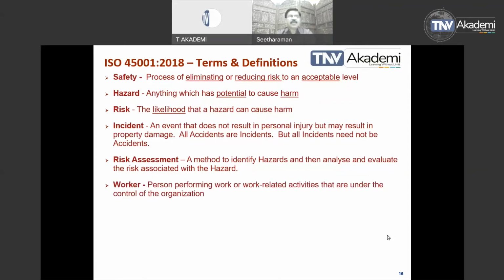Then a worker, this is a very important definition. Earlier OHSAS 18001 did not have the umbrella definition. Now it very clearly says: person performing work-related activity that is under the control of the organization.